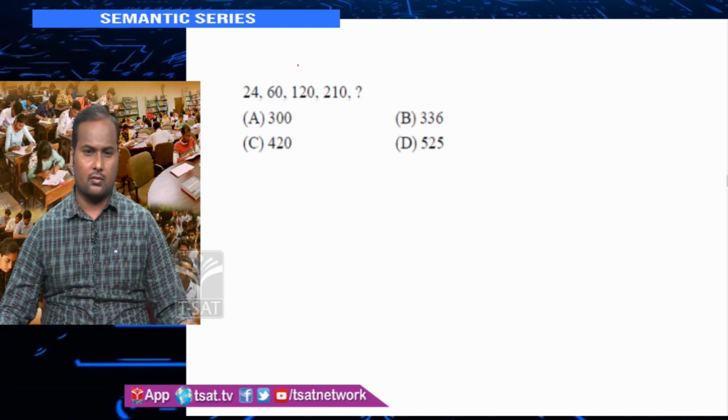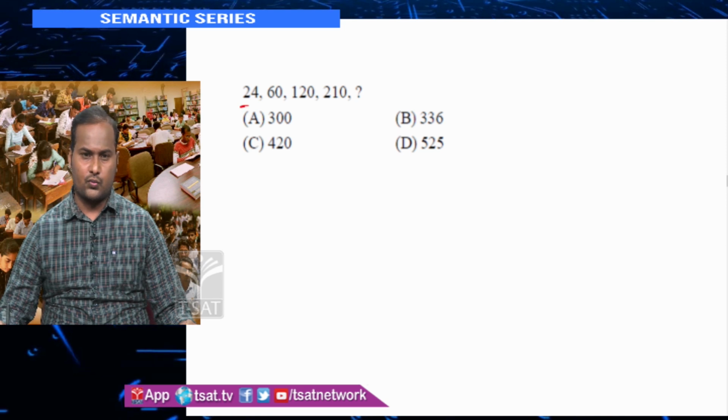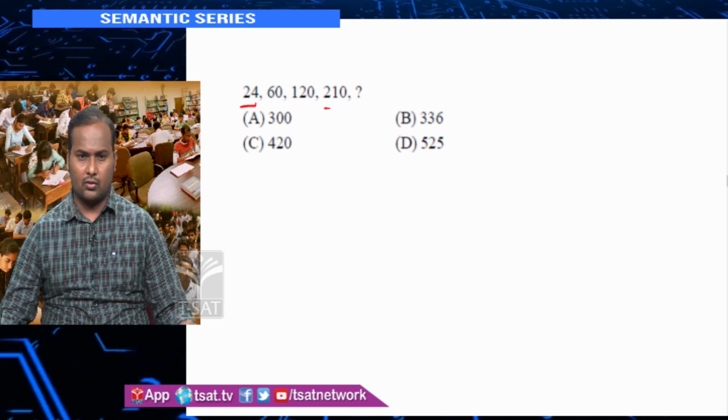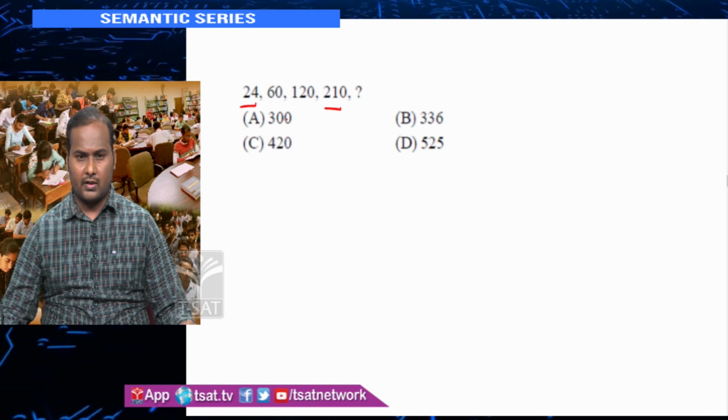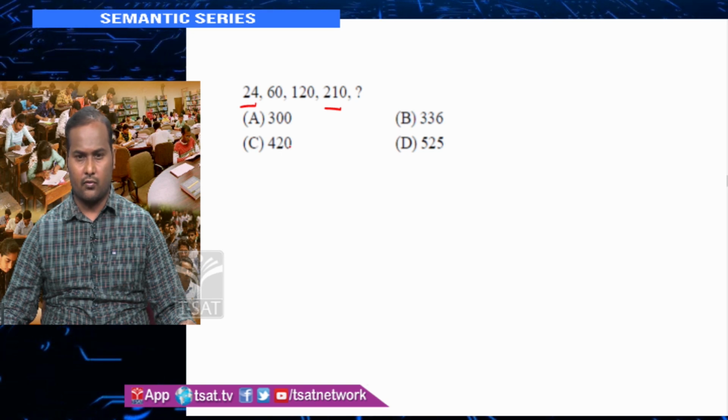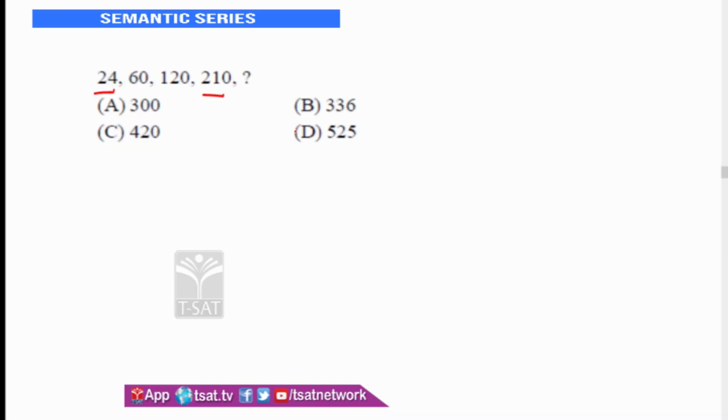If you see this question, the moment I see this question, it is starting with 24 and ending with 210. Options are also like 300, 336, 420 and 525, which are very big numbers. So, when there are big numbers, obviously first check with the cubes. The moment I see this one, I said to keep in mind the values near the cubes as well.